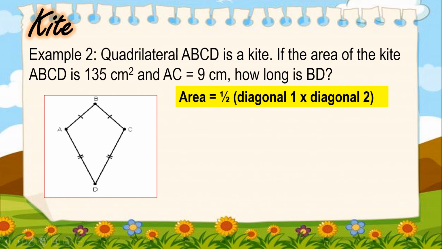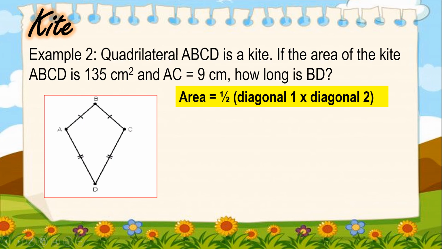Let's have another example. Quadrilateral ABCD is a kite. If the area of the kite ABCD is 135 square centimeters and AC is equal to 9 centimeters long, how long is BD? So in this problem, the area is given and what is missing is the length of the other diagonal.